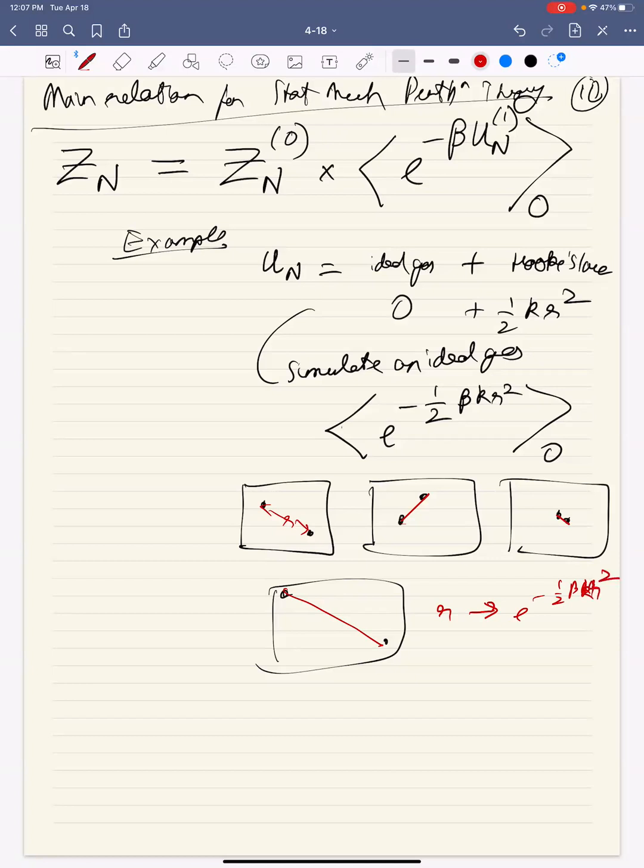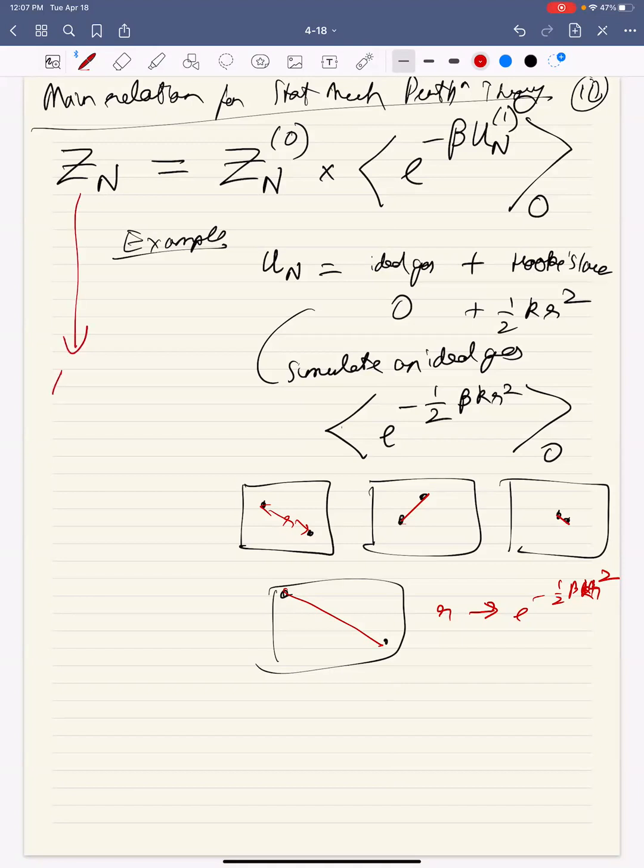Okay, so you see why this is important, because harmonic springs can describe so many interactions, for example, right? But here you are talking about the properties of a harmonic spring by instead simulating argon or krypton, where there is no interaction. But wouldn't you require that the perturbation that you have is very, very small? Yeah, that's the point I was getting to.